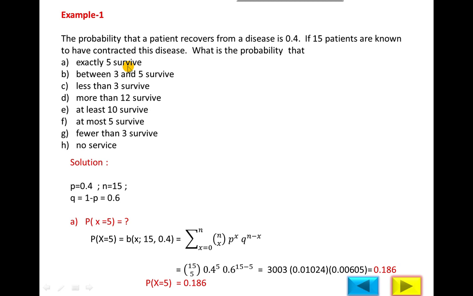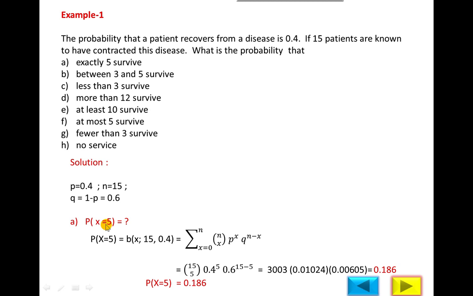This indicates the outcome of the variable is 2, survive or die. So we will use the binomial probability distribution. This is the condition. P equal to 0.4, n is equal to 15, Q will be equal to 1 minus P, 1 minus 0.4 will be 0.6. First part, exactly 5. Find the probability of exactly 5, means x equal to 5.